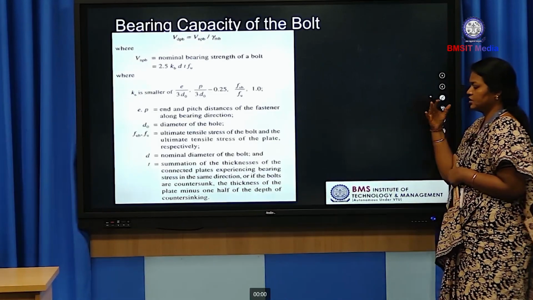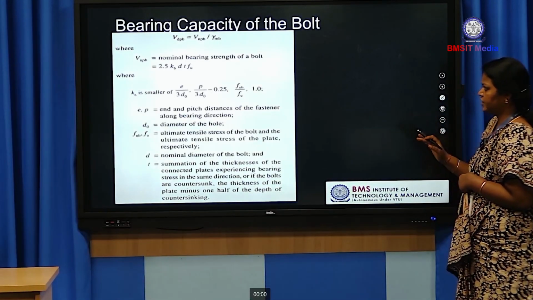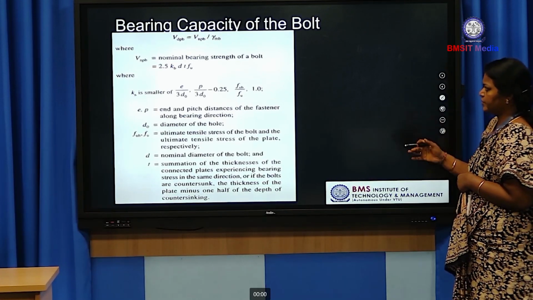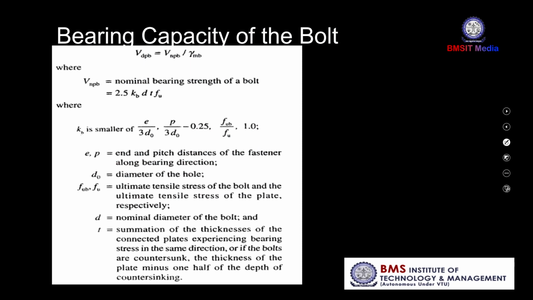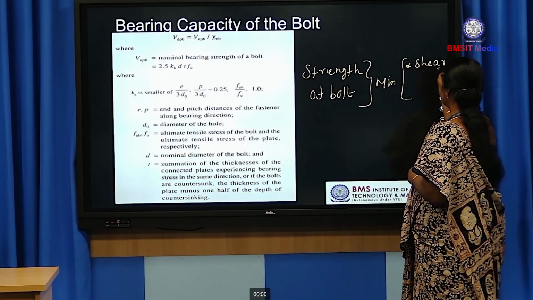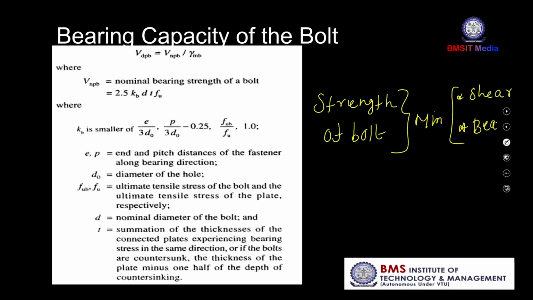I told you the bolt is subjected to shear as well as bearing failure. So, first we have to find the shear capacity of the bolt, and another one is the bearing capacity of the bolt. Strength of bolt is equal to the minimum value among the shear capacity of the bolt and the bearing capacity of the bolt.